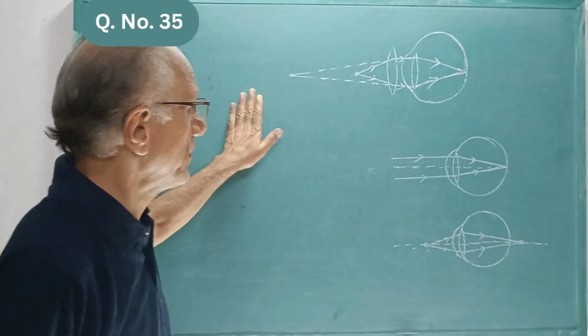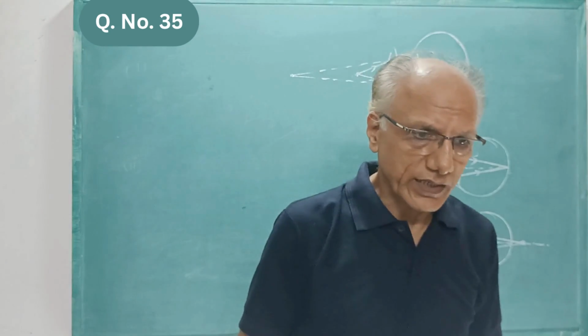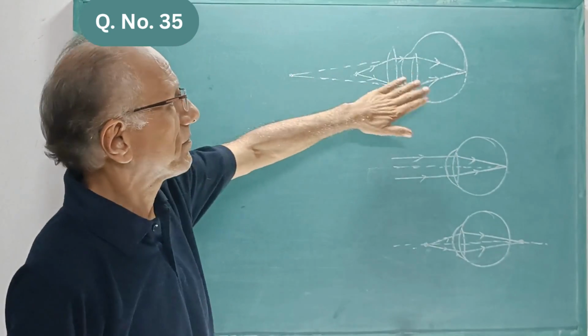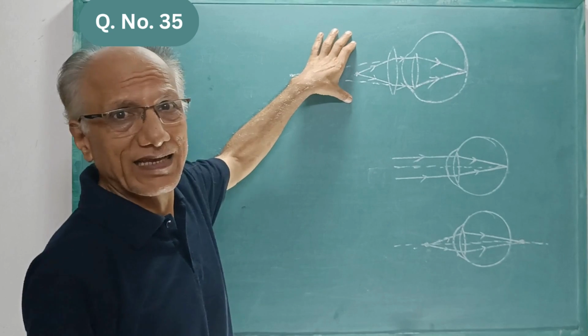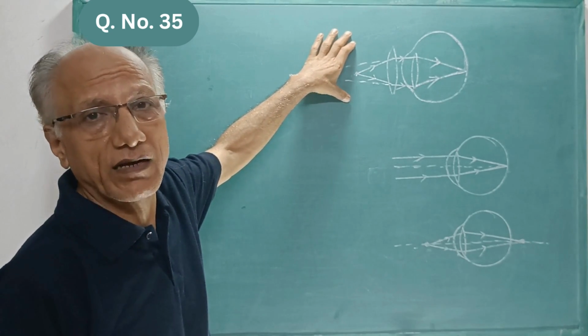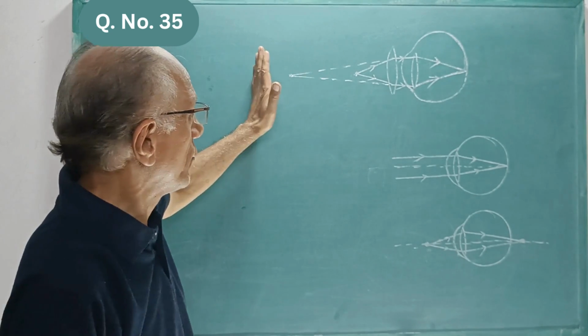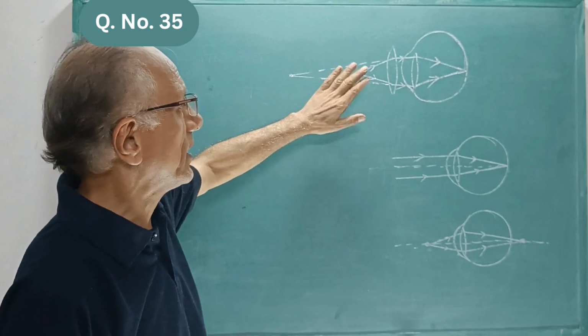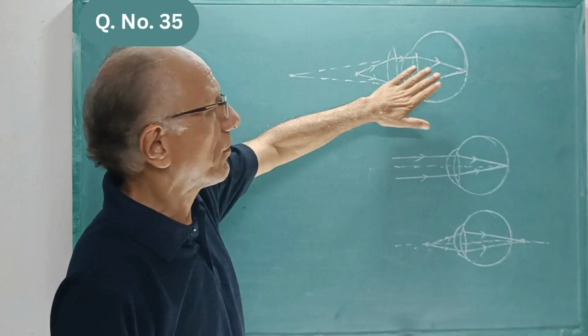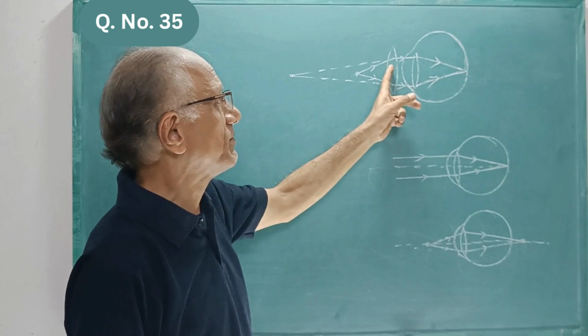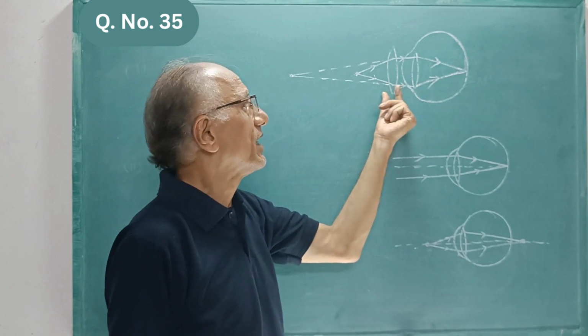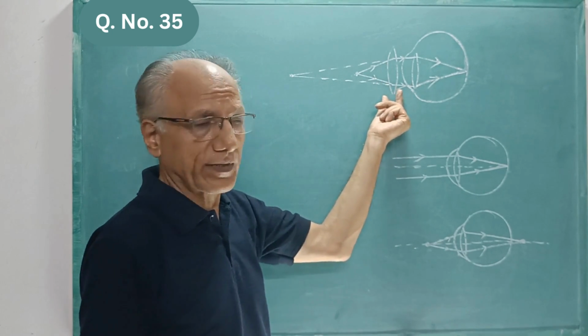Question number 35, the question is that there is a diagram given here which is the correction of some eye defect. So what the diagram is showing is that some sort of eye defect is there which has been corrected through a convex lens.